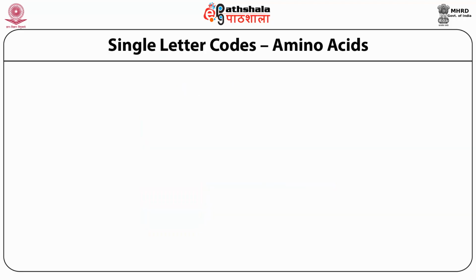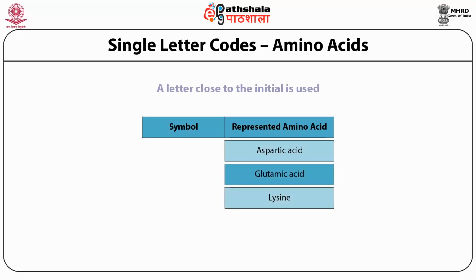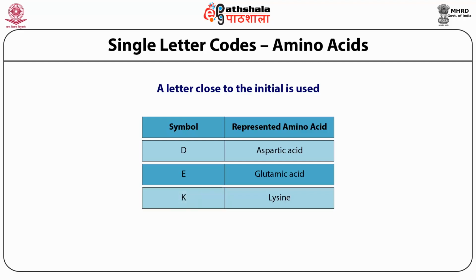For 3 amino acids, that is aspartic acid, glutamic acid and lysine, a letter close to the initial is used for their code. For example, D is near to A, therefore it is used for aspartic acid. E is near to G, therefore it is used for glutamic acid. K is near to L, therefore it is used for encoding lysine.